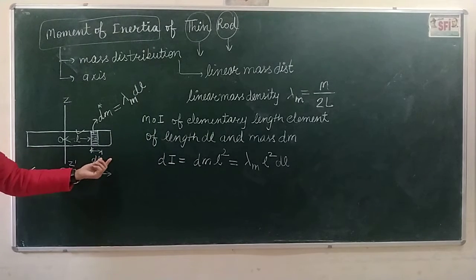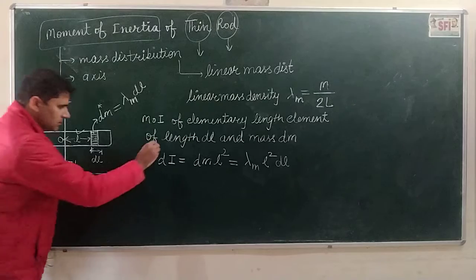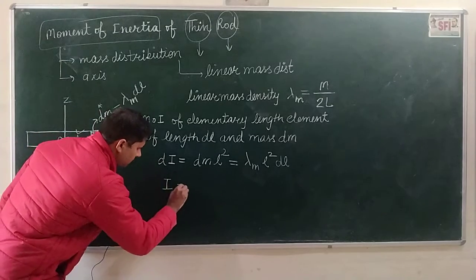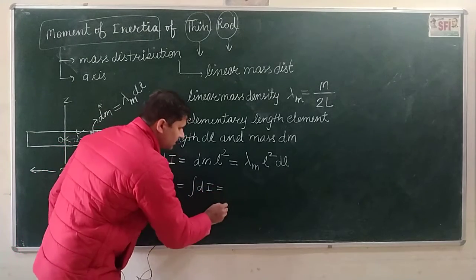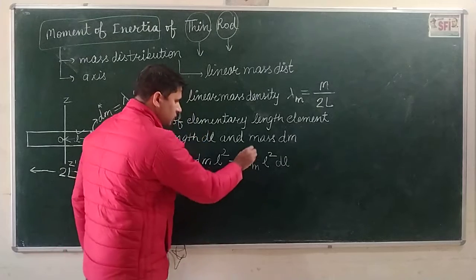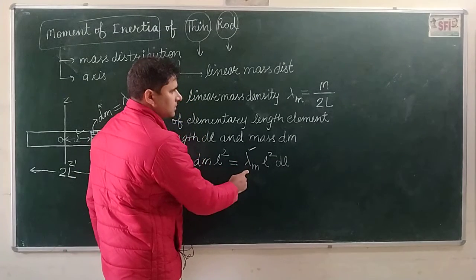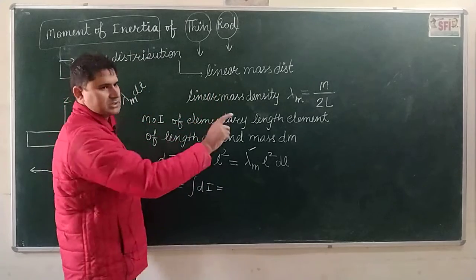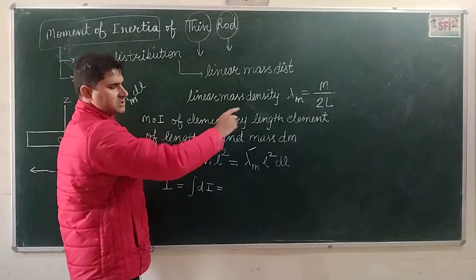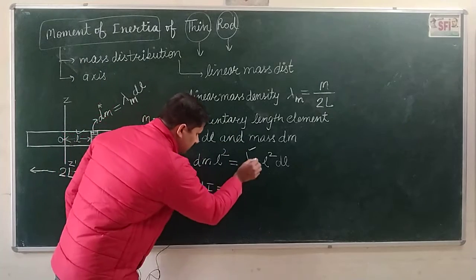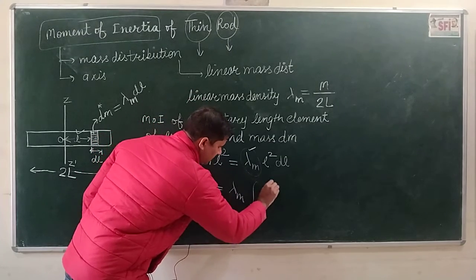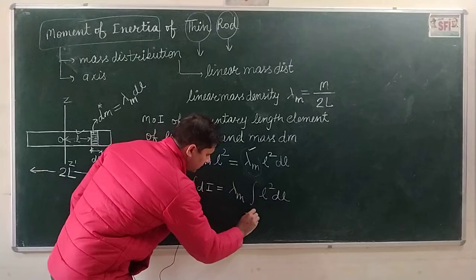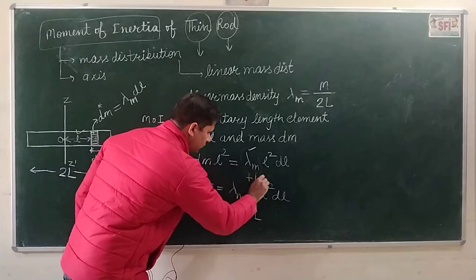So our limits of integration will be from minus L to plus L. So the moment of inertia of the complete rod can be obtained by integrating dI within limits minus L to plus L. Here this is constant because you are assuming that the linear mass density is constant, or the mass distribution is uniform. So you can take this factor out of the integration. Then you have l square dl, and our limits of integration are from minus L to plus L.